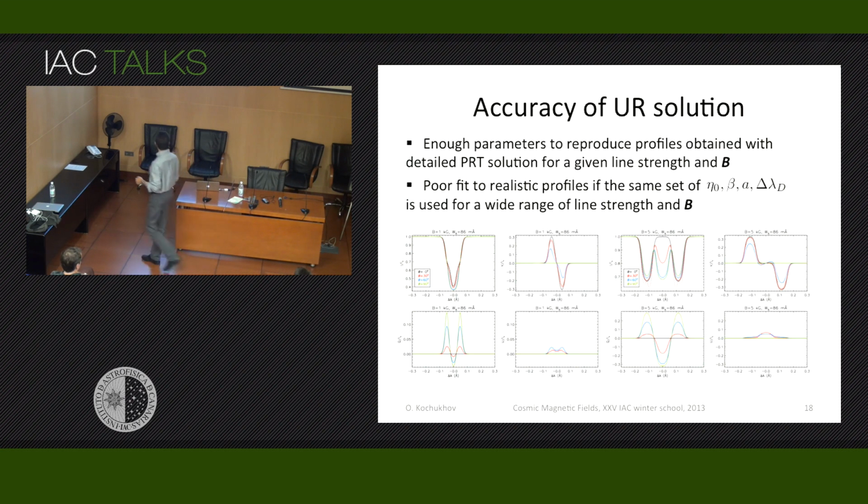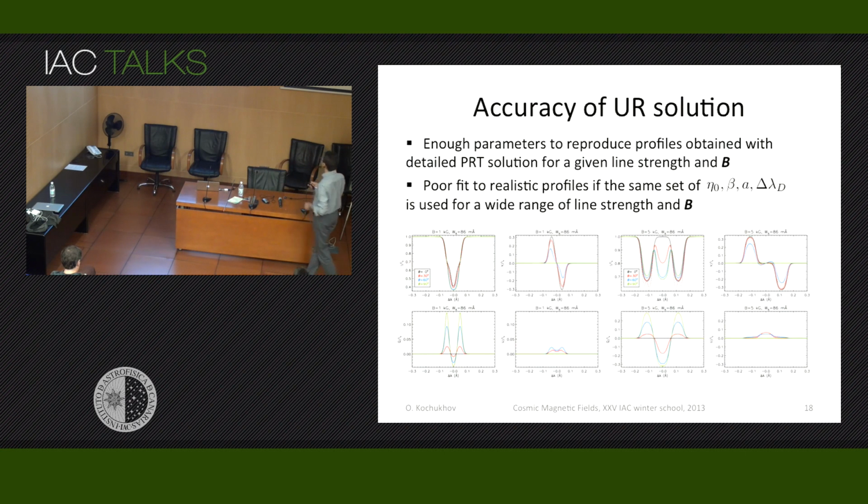And these problems are illustrated here. We have a line, the same calculations as shown before, but in addition I plotted as dotted lines the Unno-Rachkovsky solutions. And you see that for this situation, you don't really distinguish the results of polarized radiative transfer done numerically and analytical solutions.